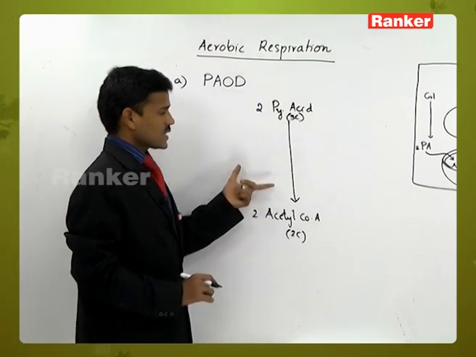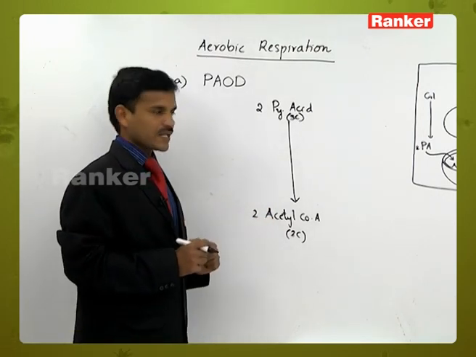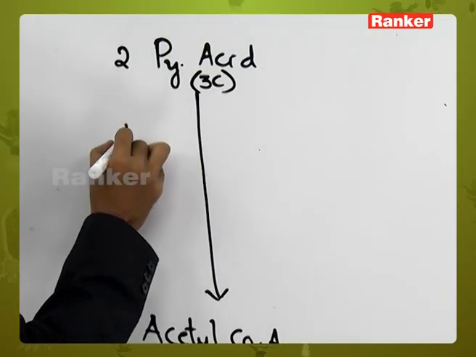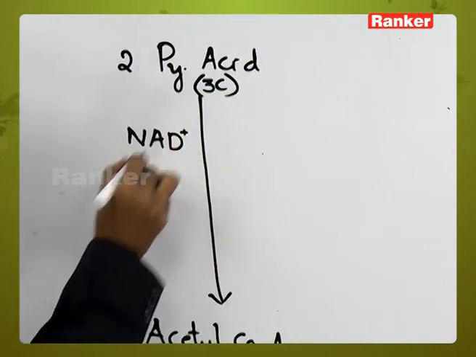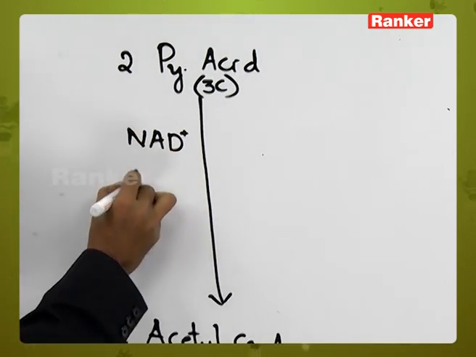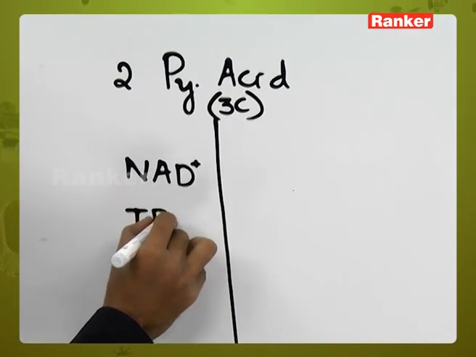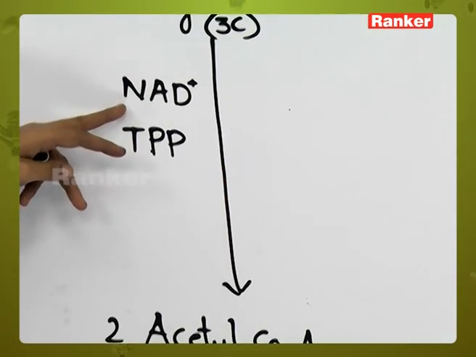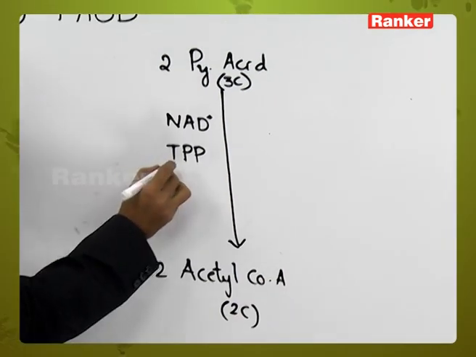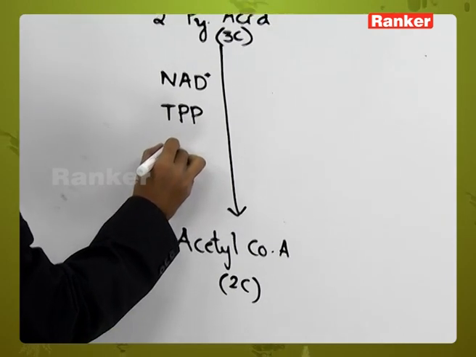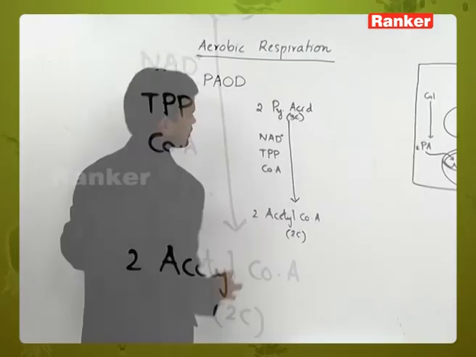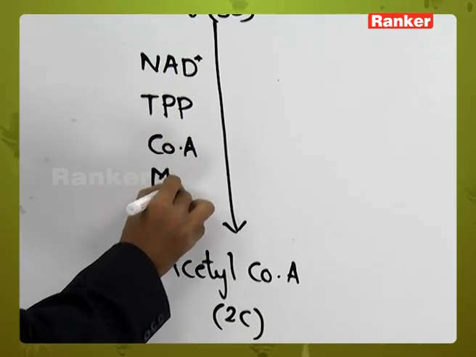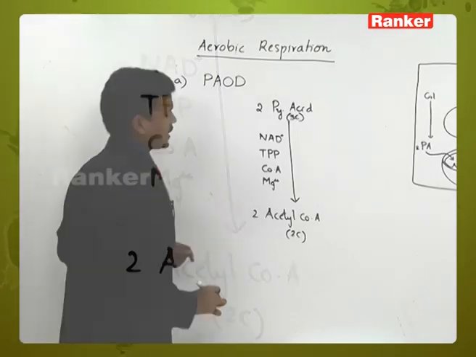For this conversion, some cofactors are required: NAD plus, TPP (thiamine pyrophosphate), coenzyme A, magnesium ions and FAD.